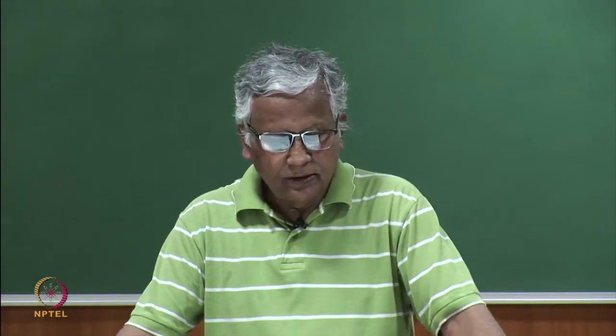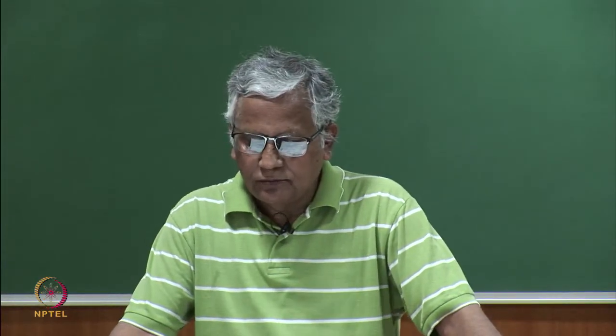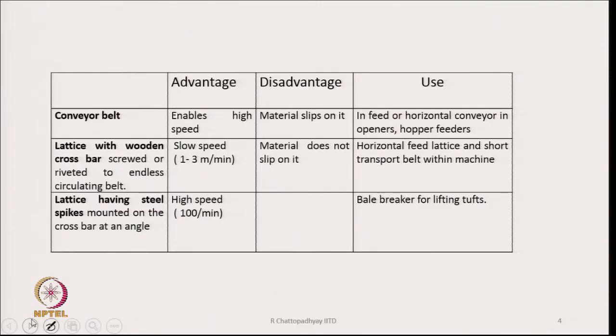That is the negative aspect of the conveyor belt. But still it is used as feed or horizontal conveyor in the openers or hopper feeders. This kind of belts are in use.